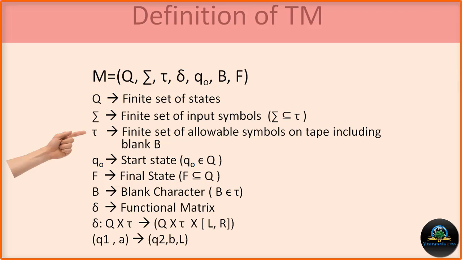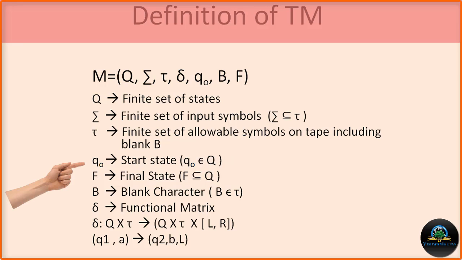Tau is a finite set of allowable symbols on the tape including the blank B. As tau consists of all the symbols which are available on the tape, sigma is also called a subset of tau.